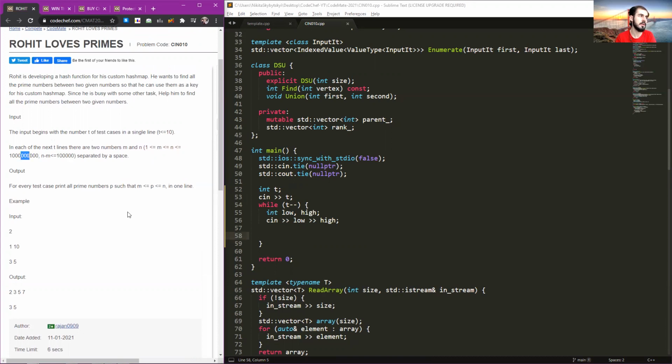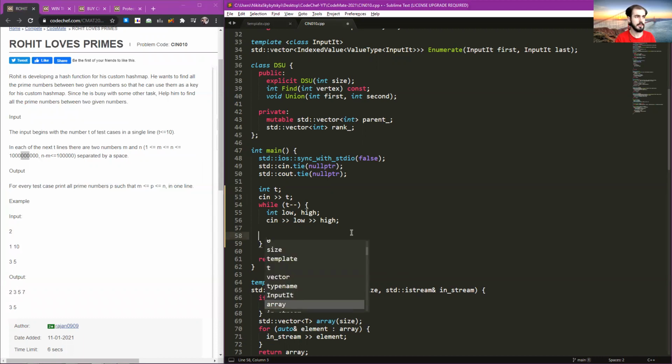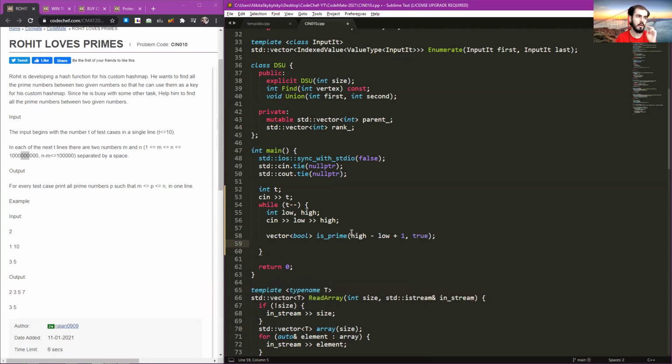Input numbers are up to 1 billion. Hmm. Okay. Let's do something stupid. So we can't factorize every number in square root, but what we can do instead is the following.